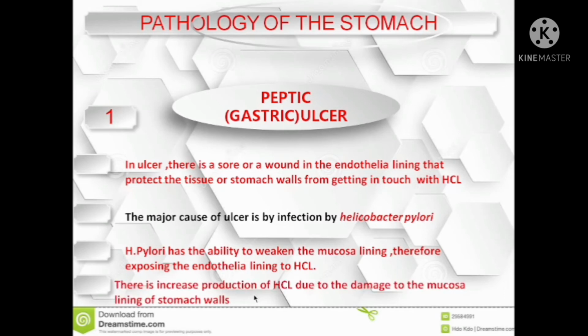So there is an increased exposure to HCl due to the damage to the mucosal lining of the stomach walls, and that leads to ulcer. So always remember that in ulcer, the major bacteria here is Helicobacter pylori. Its activity is just to weaken the mucosal lining and expose it to HCl. So there will be a hole in the stomach.